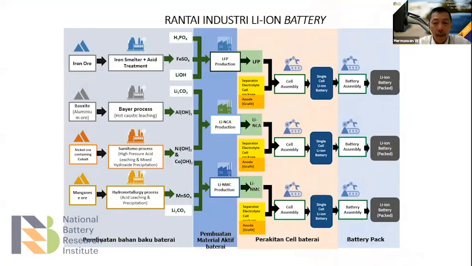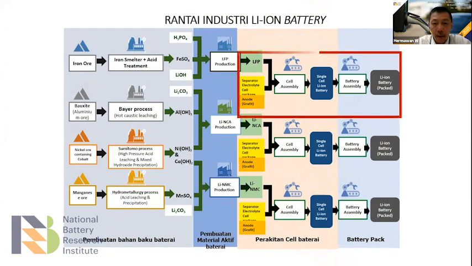And where is ABC in the supply chain of the battery? Basically, we are in the red square, and this is our business. We built the factory only in that area.